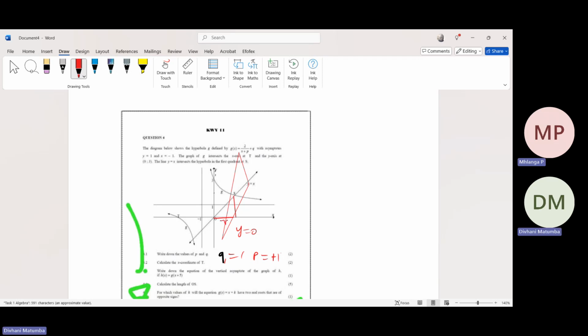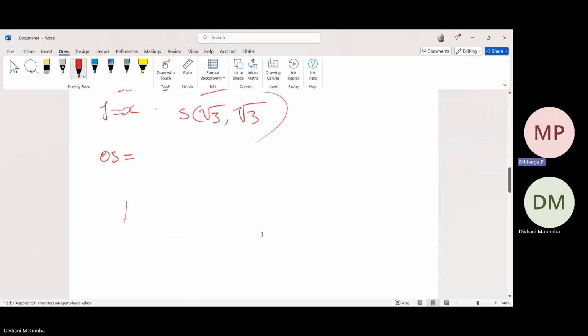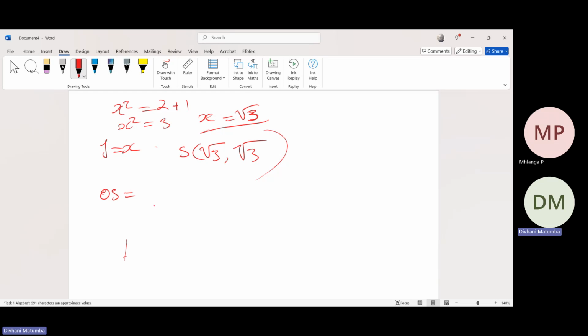We know that the run is the square root of 3, and the rise is the square root of 3 also. So OS squared will be the square root of 3 squared plus the square root of 3 squared.